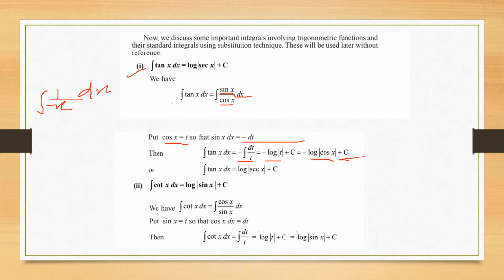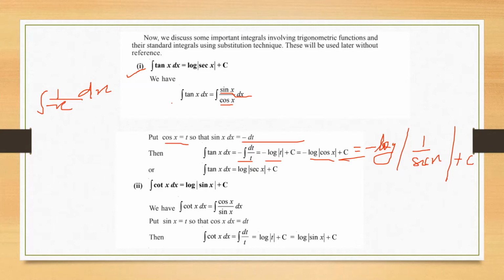Now how to change it to secant form? Can I write it as minus log of 1 upon secant x plus c? Because my cos x is 1 upon secant.